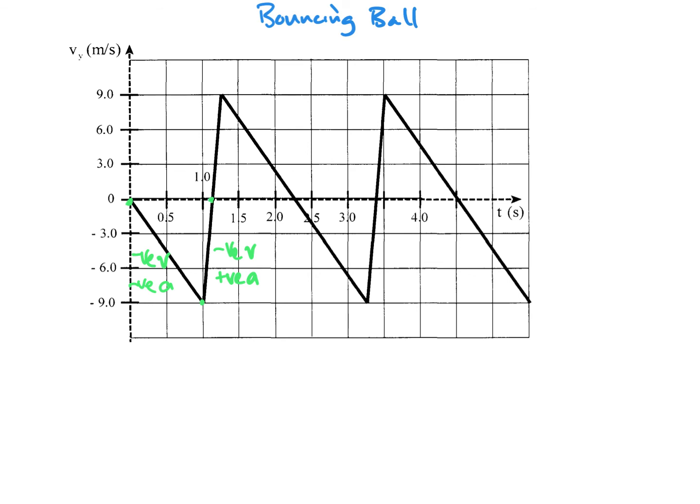And then we go through 0, and that's when it's reached its lowest point here rather than its highest point. So it's a ball squashed down to a maximum. But then because of its elastic nature, it will start to expand back out again. So now we can see the velocities have changed to be positive v, and the line is sloping up.